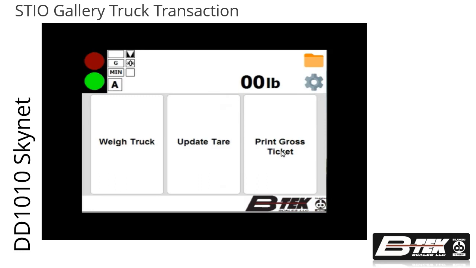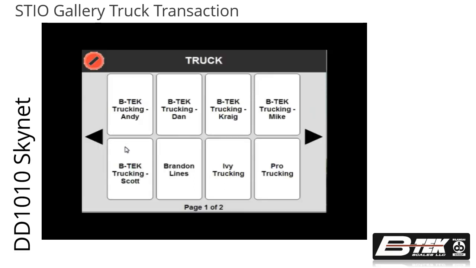We can then have a truck pull onto the scale. This can be a lightweight or a heavyweight. If it was the lightweight and you needed to update the existing truck in the database, we would press Update Tare. For this one, let's weigh the truck, and we already have a tare weight entered for our B-TEK trucks.